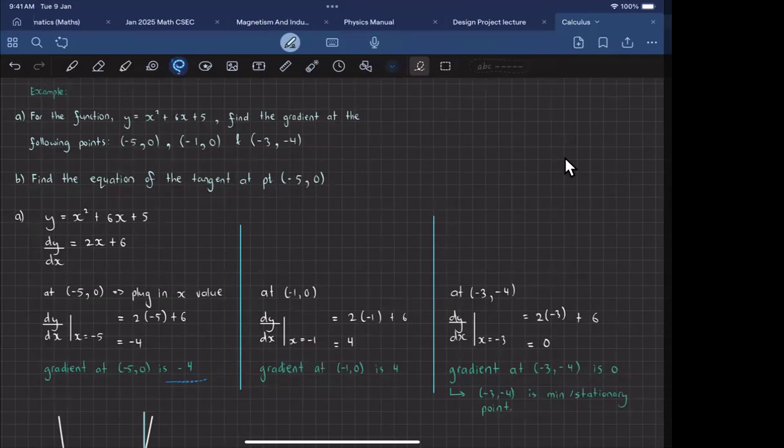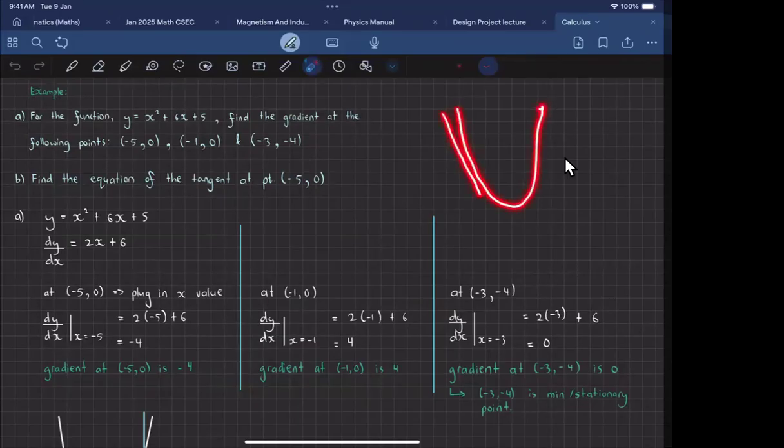Perfect. Alia, do you know why the gradient at (-3, -4), we call it the minimum or the stationary point? Because it's 0. What 0? The gradient. Right. Imagine you have a line.